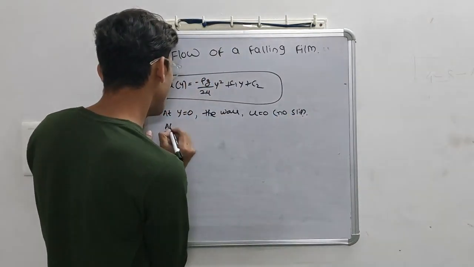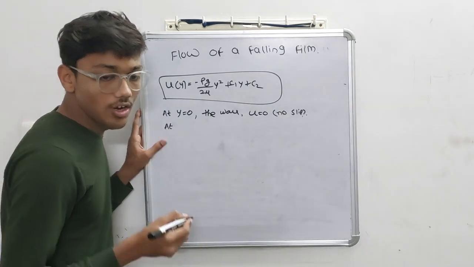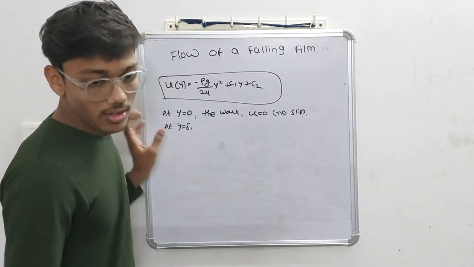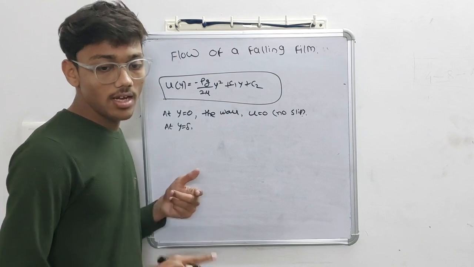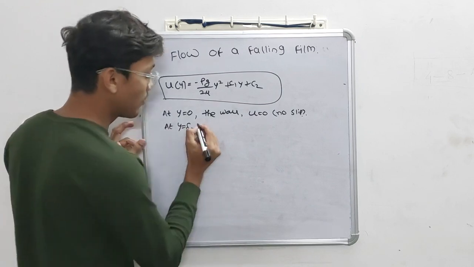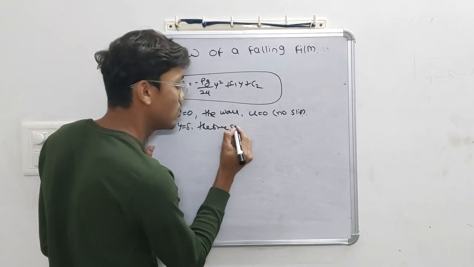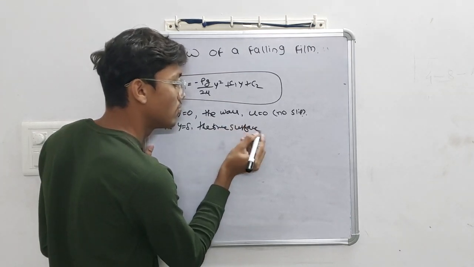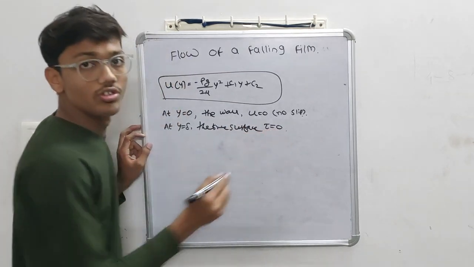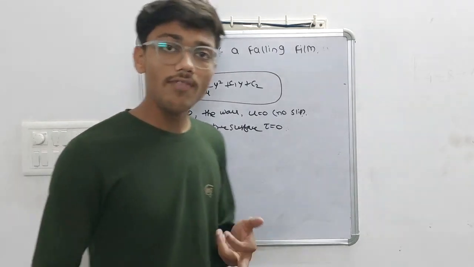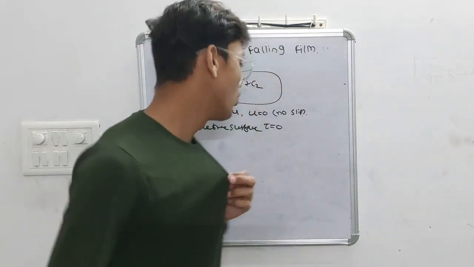Further, our second boundary condition is y equals delta, the free surface, where tau equals 0. Tau equals 0, so du by dy also becomes 0.